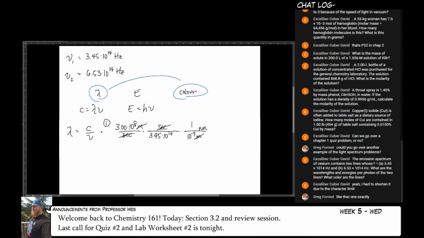Because if we're going to land in the visible spectrum, this is going to get us a number in the visible spectrum. So 3 times 10 to the 8 divided by 3.45 times 10 to the 14 times 10 to the minus 9. That's not in the visible region.